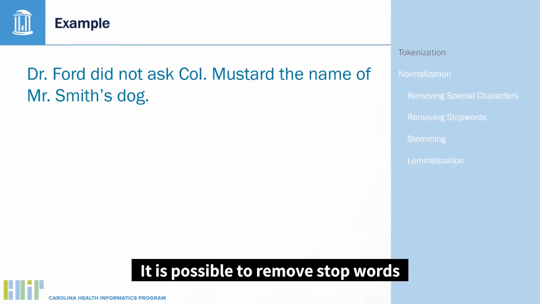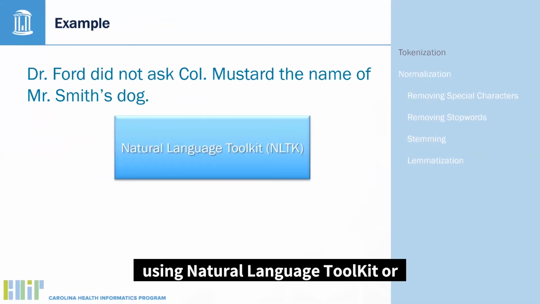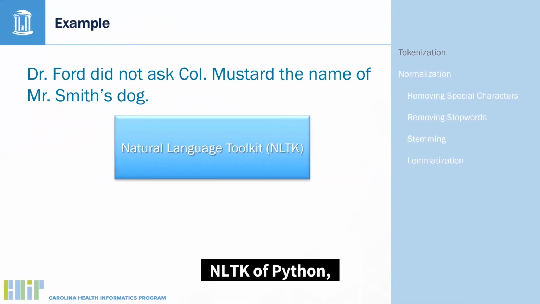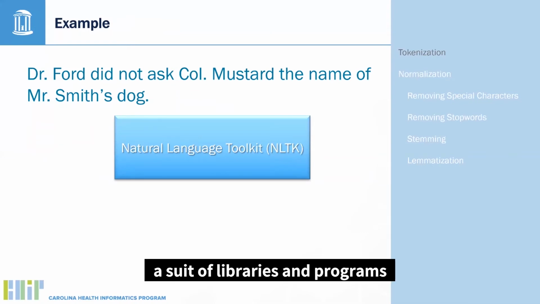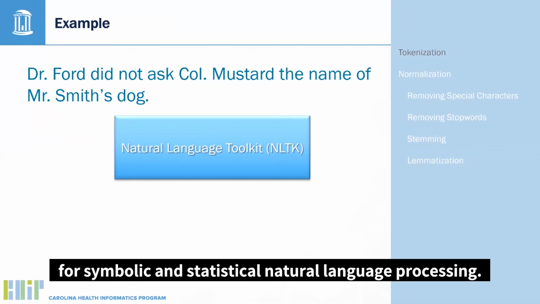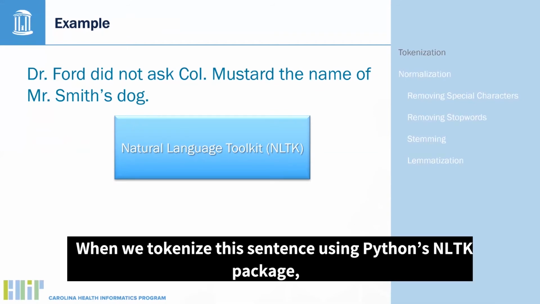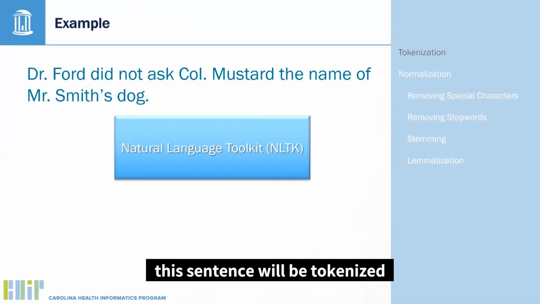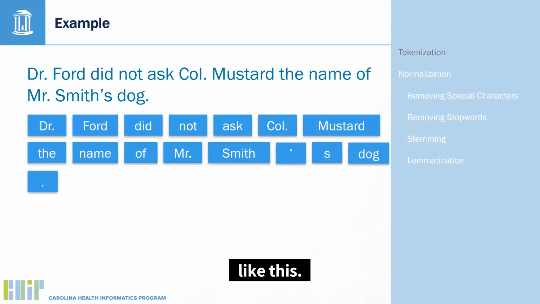It is possible to tokenize using the Natural Language Toolkit or NLTK of Python, a suite of libraries and programs for symbolic and statistical natural language processing. When we tokenize this sentence using Python's NLTK package, this sentence will be tokenized like this.